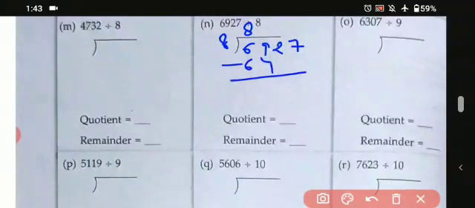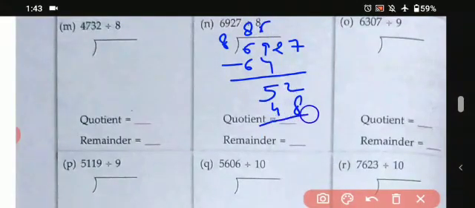Okay, students. So 69 minus 64 becomes 5 over here. And the remaining digit, that is 2, will come down here. That becomes 52. Does 52 come? No, students, 52 doesn't come. That means we have to go for 8 6s are 48, which is smaller than 52. So 52 minus 48 is 4.